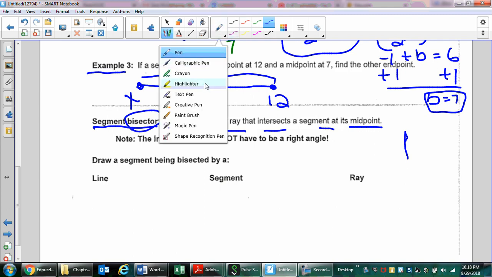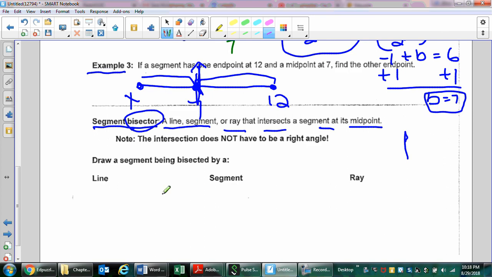So draw a segment being bisected by a line, and a segment being bisected by a segment and a ray. Let me draw my line first. So this is my line, and this is my segment.